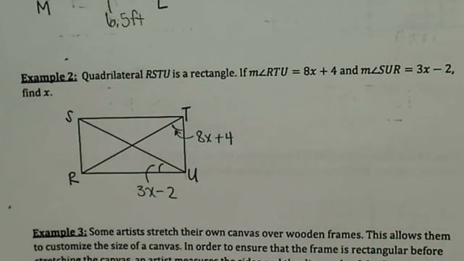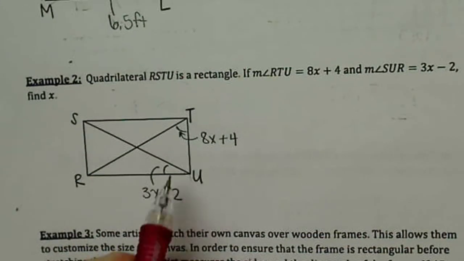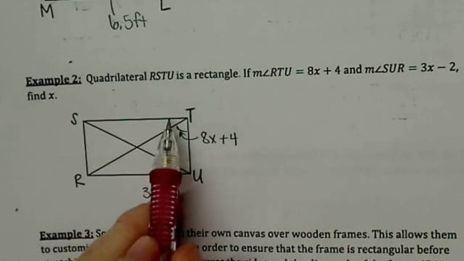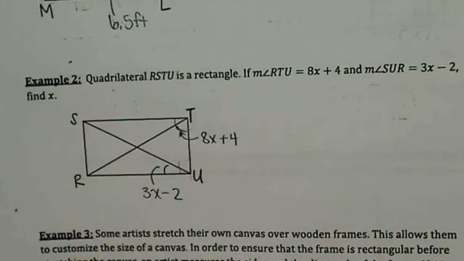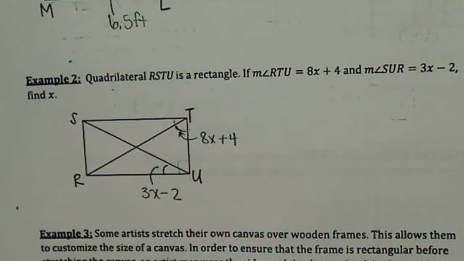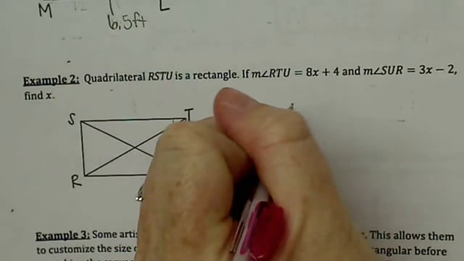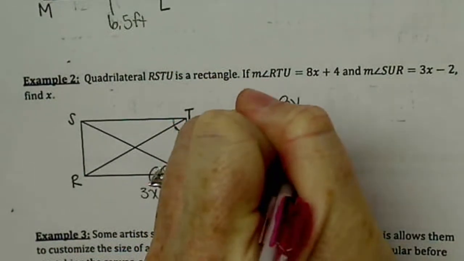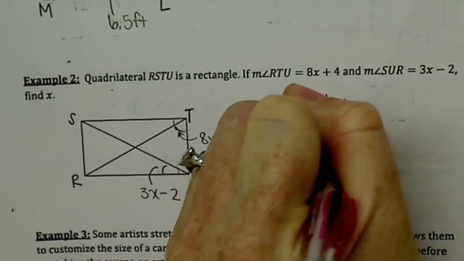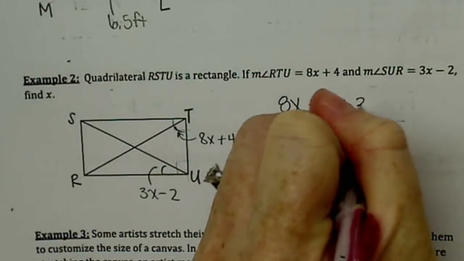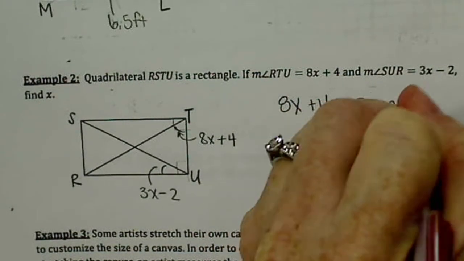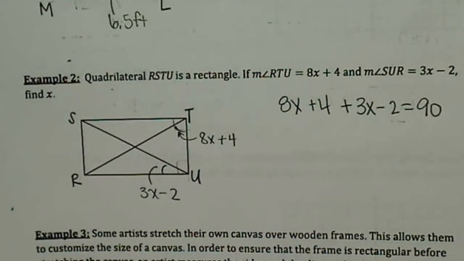Because of where they are, we know that this angle is 90, this angle is 90. So together, they add up to 90 degrees. So let's write an equation. 8x plus 4 plus 3x minus 2 equals 90.